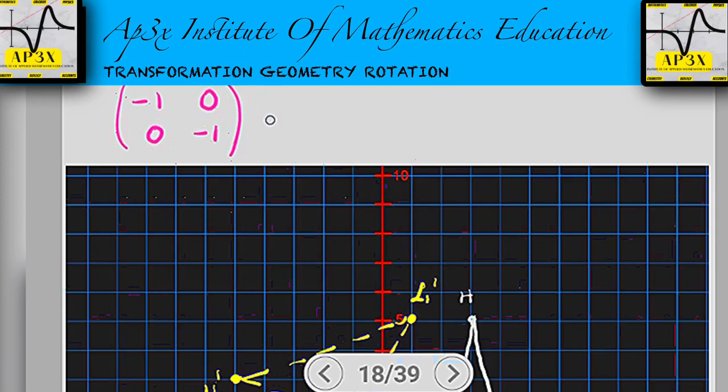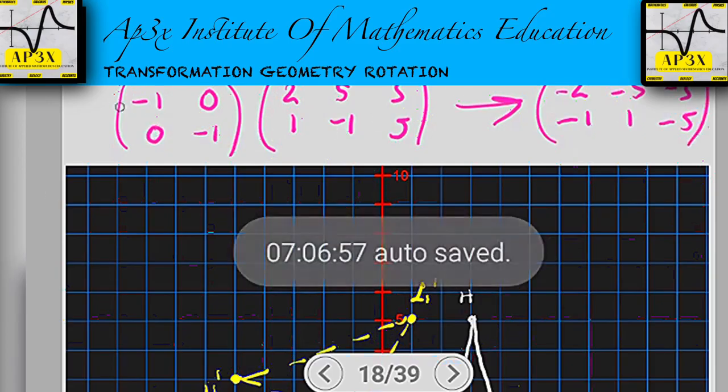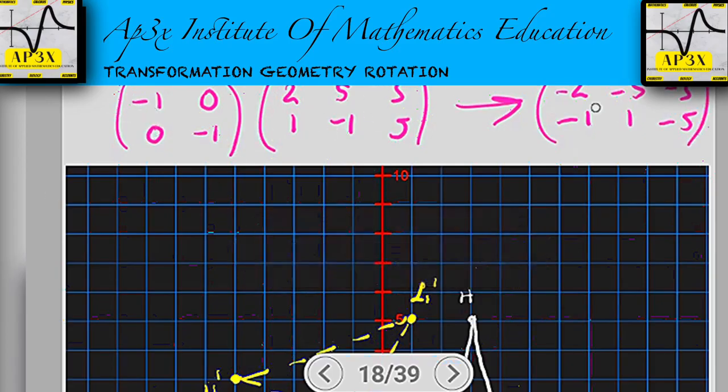You multiply it by the points 2, 1, 5, negative 1, 3, 5, and that will produce the result up here: minus 2, minus 1, minus 5, 1, minus 3, minus 5. We have already gone through the fact that row by column will produce this result.